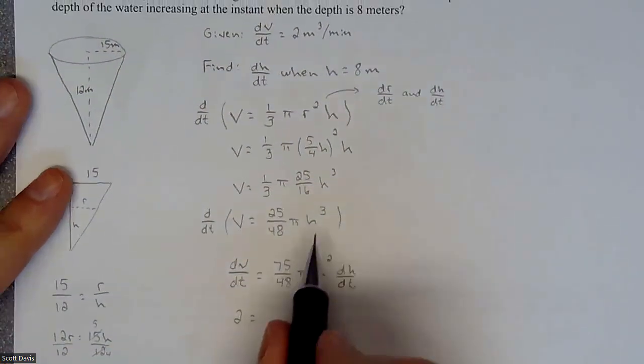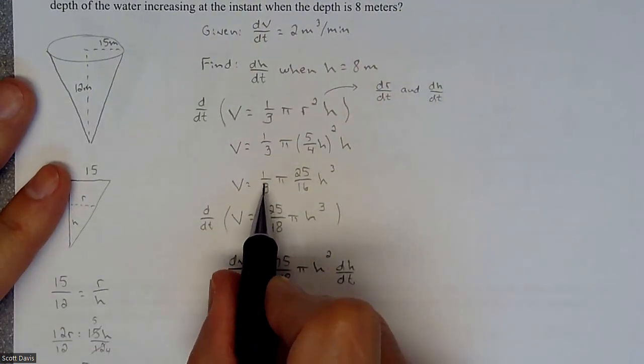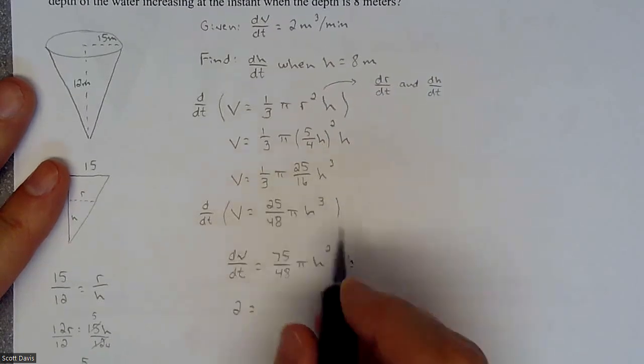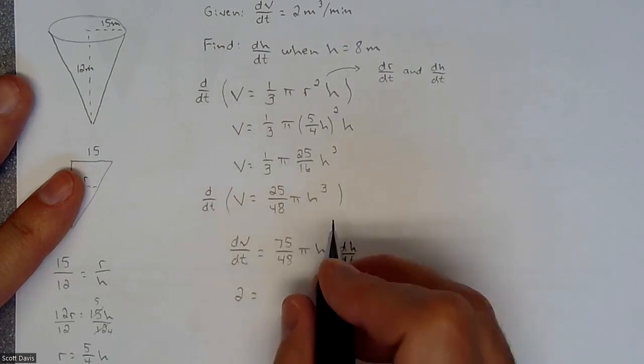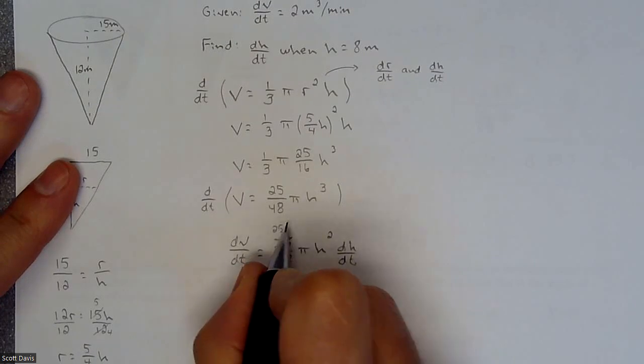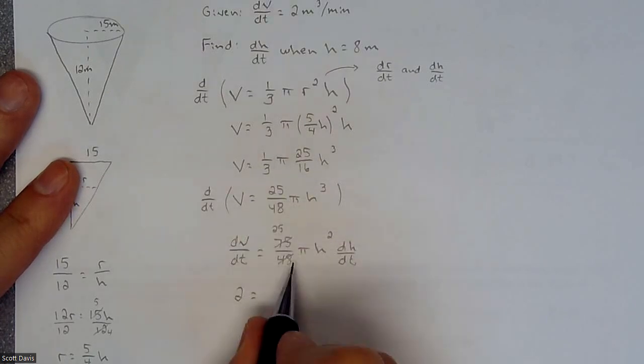And here's why I know. I had a 3 in the denominator, and then I brought a 3. So I know that I can simplify a 3 out of both of those two. And so if I divide that by 3, that's going to get me back to 25. And I divide that by 3. I used a 3 and a 16 to make the 48.